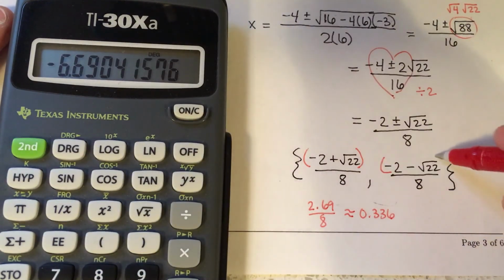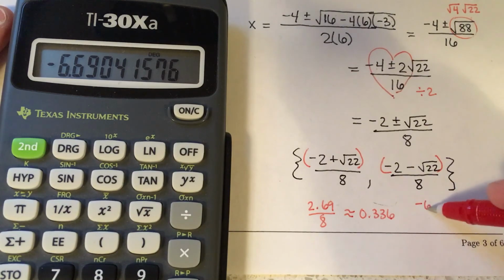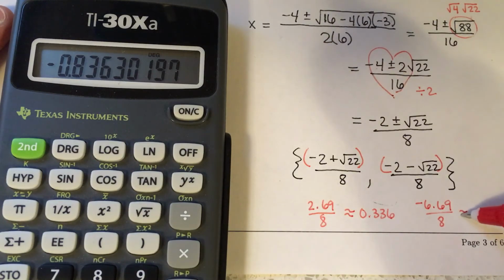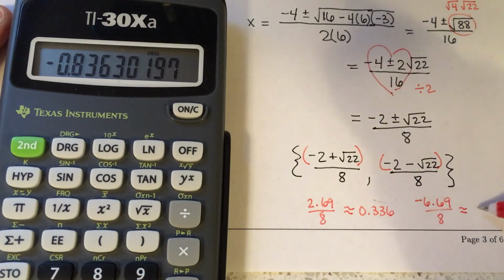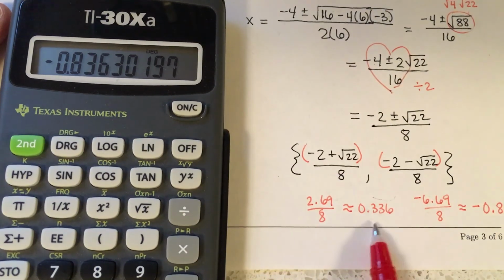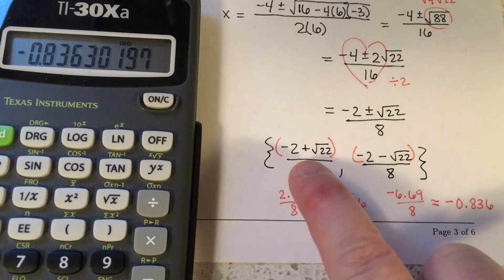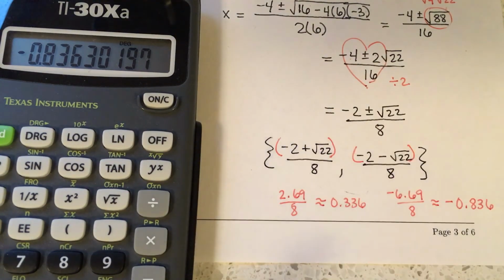So I'm just doing the top of the fraction. I get negative 6.69, and then I divide by 8. And that's approximately negative 0.836. So if we were checking our solutions, we could plug in those two decimals in the original equation to verify that our exact solutions are accurate.